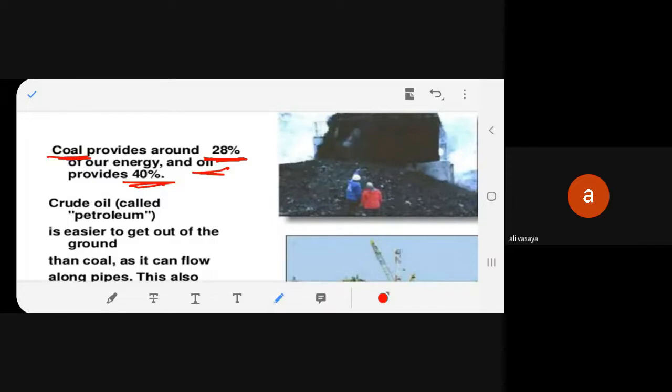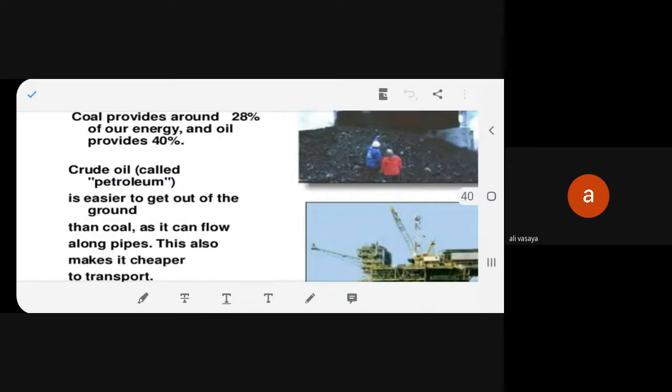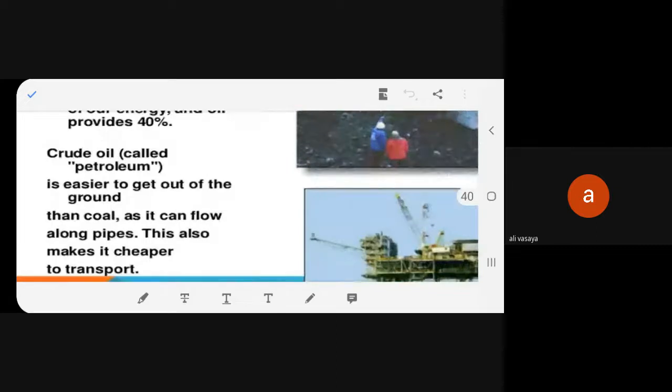Crude oil, which is known as petroleum, is very easy to obtain from the ground as compared to coal. Why? Because the transportation is easy. Petroleum is transported along pipes, so transportation becomes cheaper. Whereas transportation of coal is expensive because you cannot pass it through pipes.